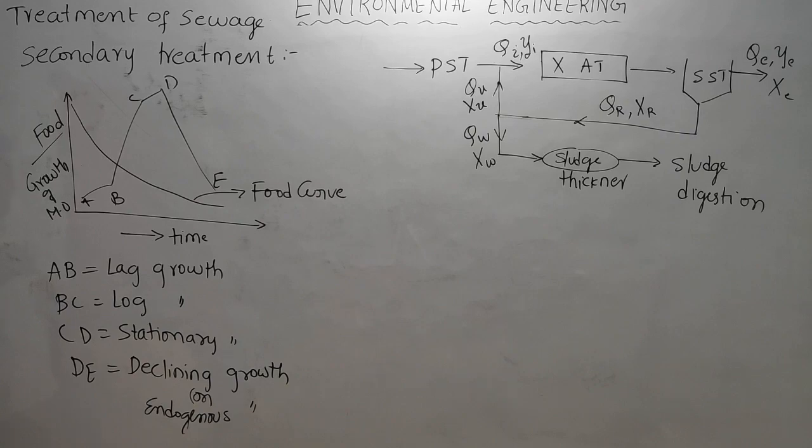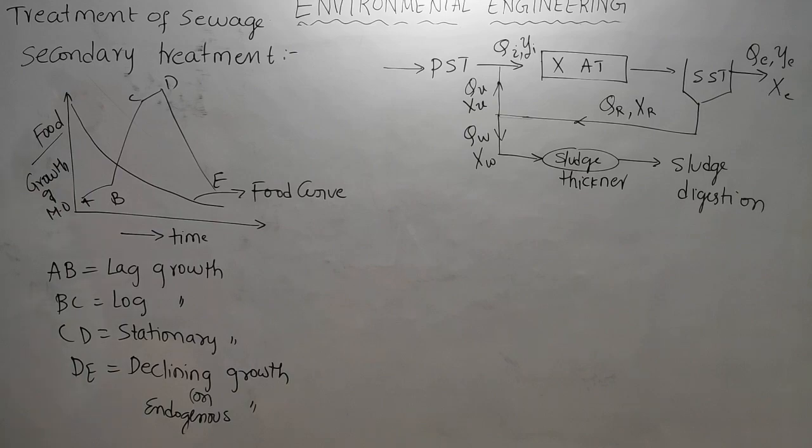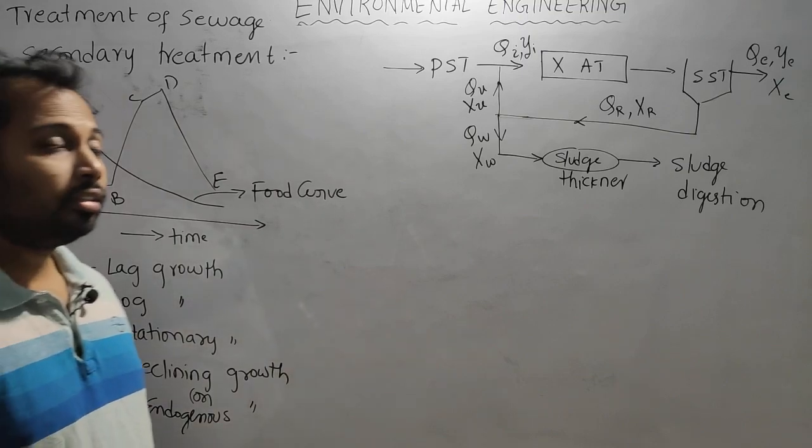So what are the different kinds of microorganisms we generally see in the treatment of sewage? Not only in the activated sludge process, in various treatments we will find these microorganisms. I already told you, aerobic and anaerobic, there are two types of microorganisms. Aerobic means it depends on oxygen. Anaerobic means it can work without oxygen.